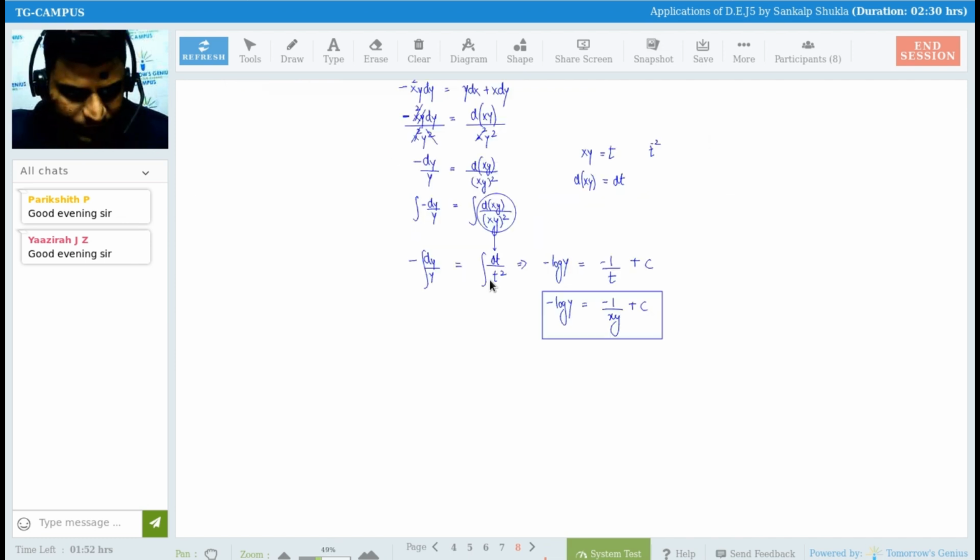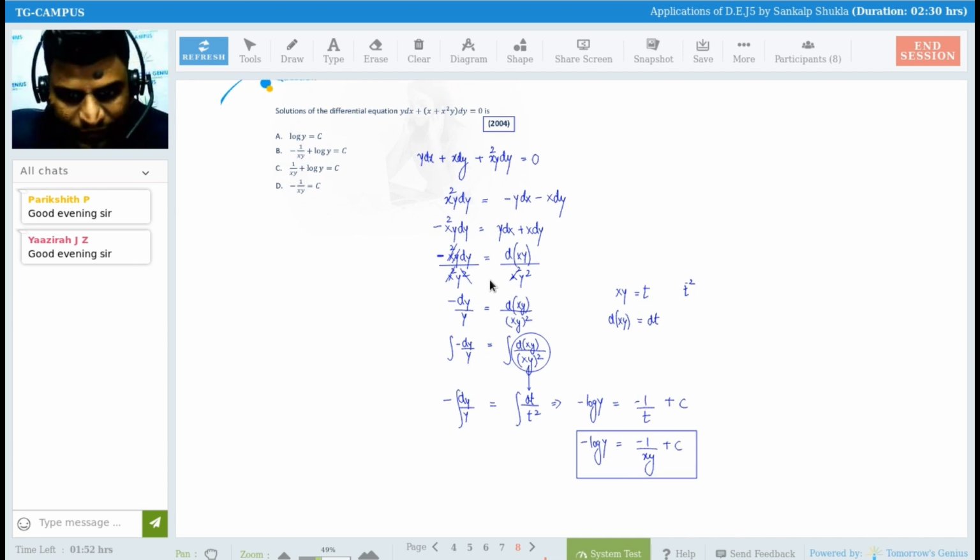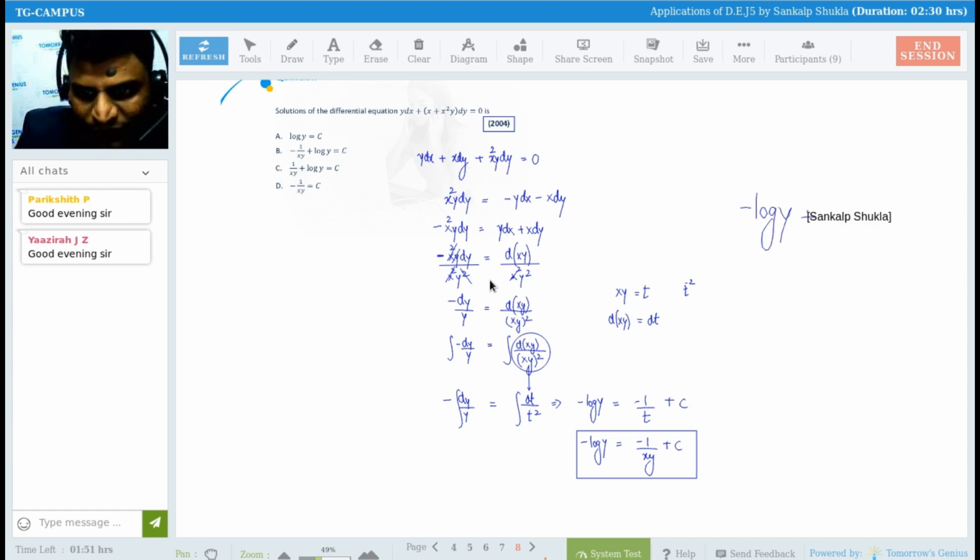Now you have got it. Minus log y. They are finding the value of c. So c will be 1 upon xy minus log y. So you can write minus log y plus 1 upon xy is equals to c.